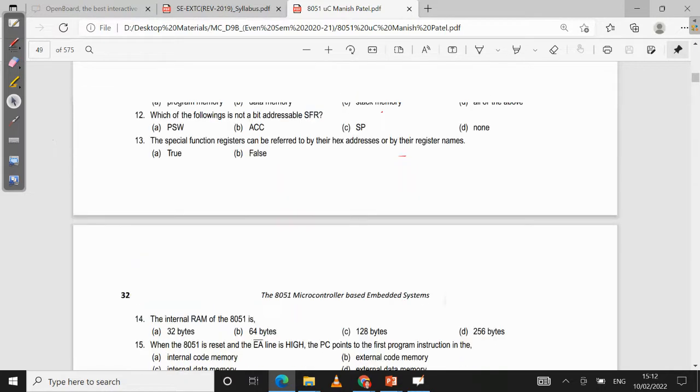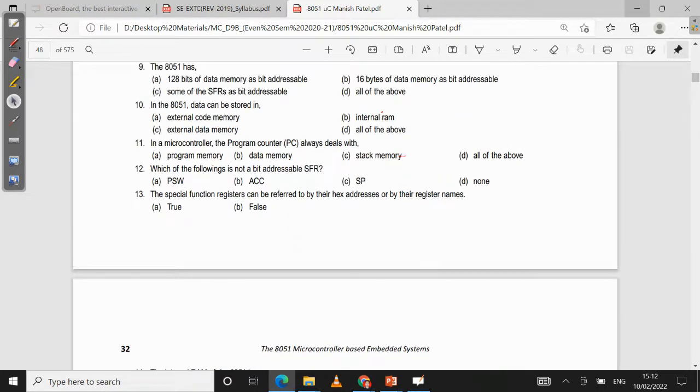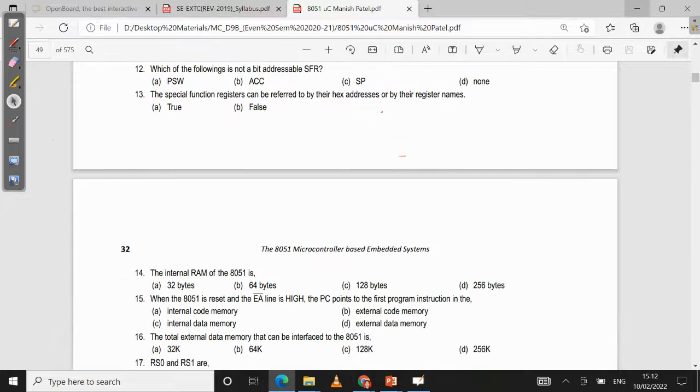Where is your stack pointer? So stack pointer is the answer. Next, the special function registers can be referred to by their hex addresses or by their register names. True or false? SFRs like PSW, ACC, SP are referred to by their register names.